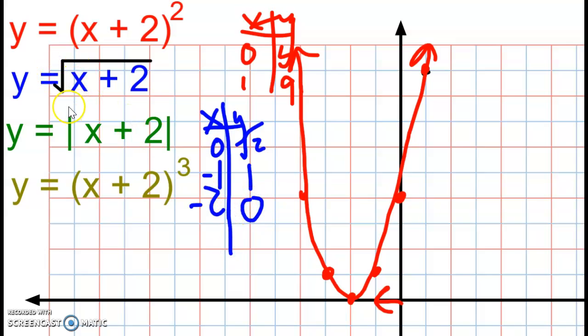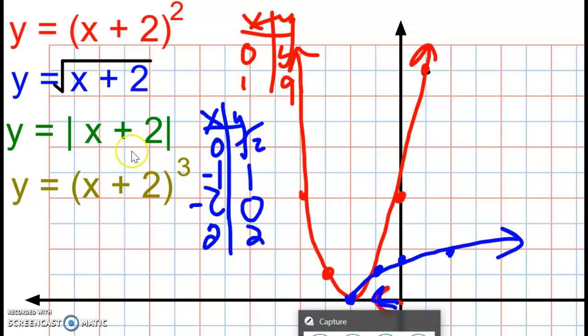Can't put negative 3 in because that gives me the square root of negative 1, which isn't a real number to graph. So I have negative 2, 0, negative 1, 1, 0, square root of 2, which is about 1.4. I guess I'll put 2 in because 2 plus 2 is 4. The square root of 4 is 2. So 2, 2. It's the same square root function, just again shifted to the left 2.